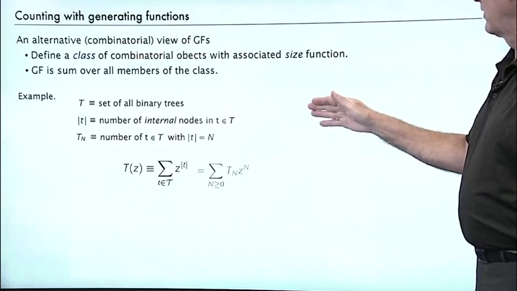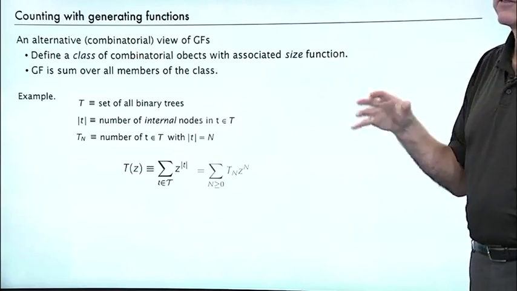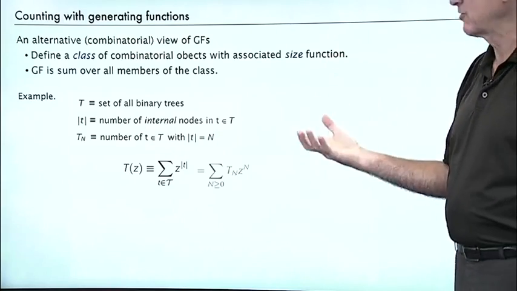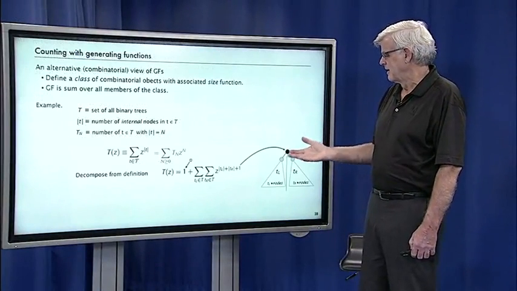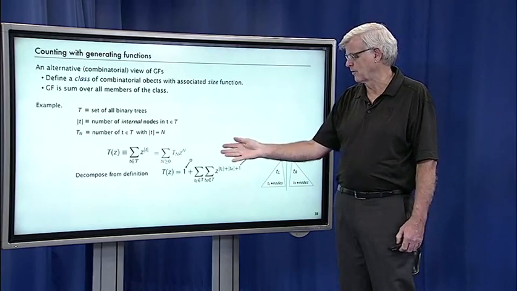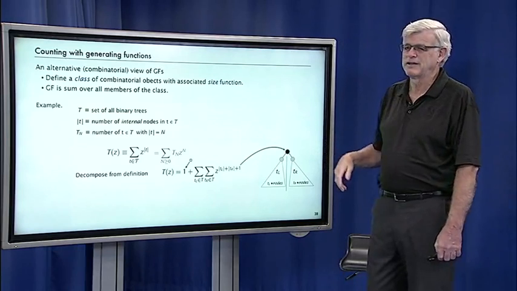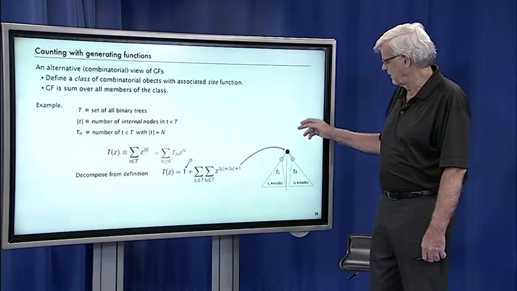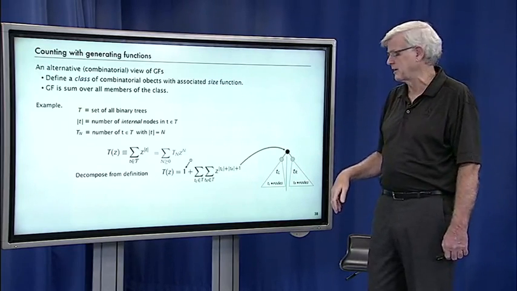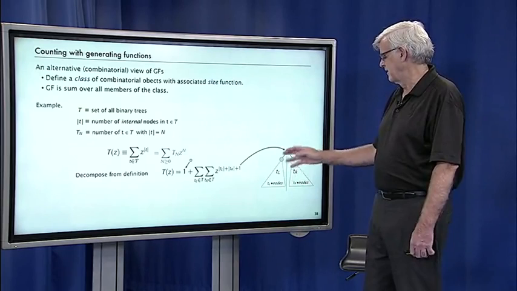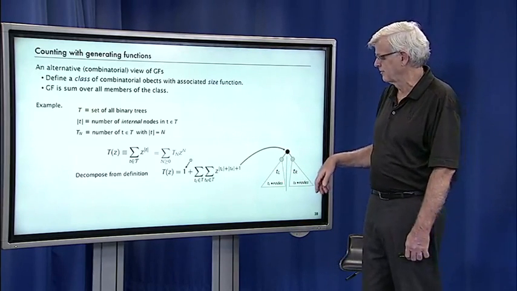The reason that's helpful is that we can look at the way that we define the combinatorial structures to give us the equation that we want for the generating function. So this is how it works for binary trees. The definition of a binary tree is that it's a root node with a binary tree on the left and a binary tree on the right. Say on the left there are T sub L internal nodes, on the right there are T sub R internal nodes.